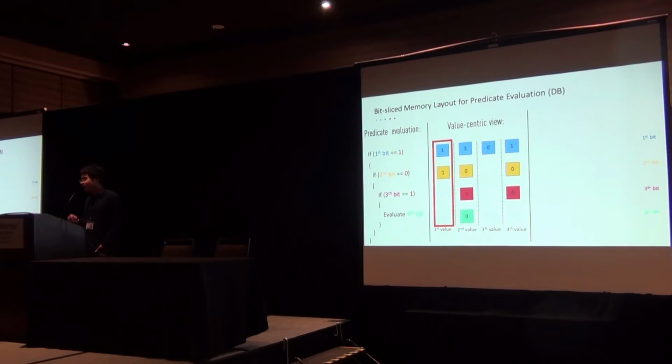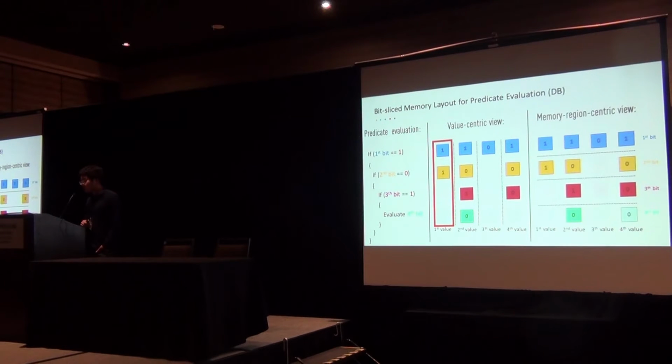But actually, it's really difficult to find the performance characteristics in the value central view because each value might need a different number of bits to evaluate. So our solution is to convert the value central view to a memory region central view, in this way.